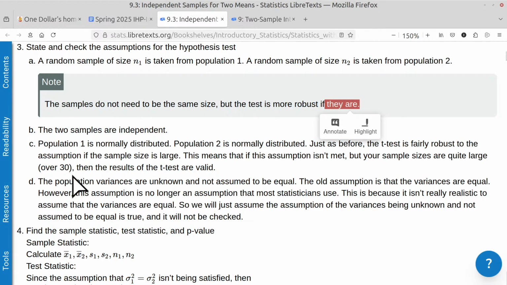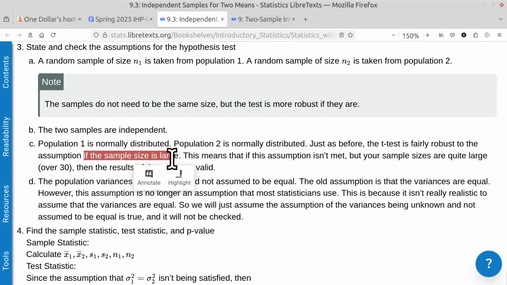C. Population 1 is normally distributed. Population 2 is normally distributed. Just as before, the t-test is fairly robust to this assumption if the sample size is large, and 30 samples is the minimum requirement for this.